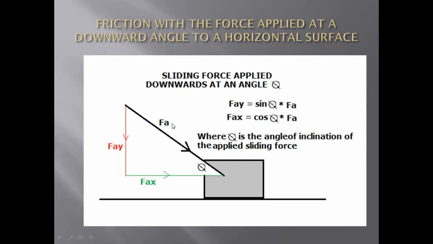So Fay will equal the sine of the angle of inclination times Fa, and the side adjacent, or the horizontal component, Fax, will equal the cosine of the angle of inclination times the applied force.